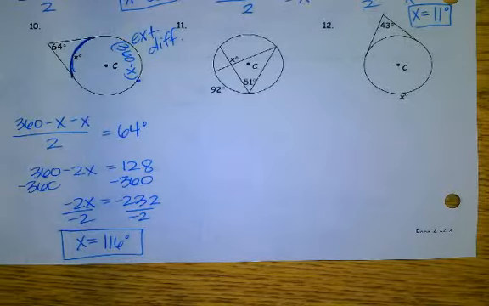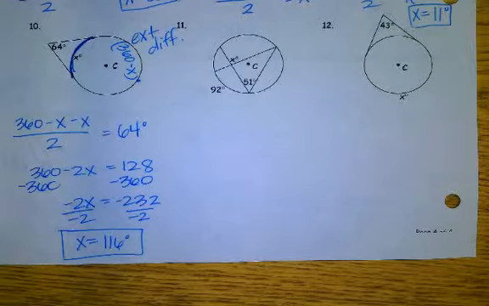Yes. Could you just multiply both sides by 2 and solve out on that side first? How? Like divide 360 by 2 and then just say minus x. I would not. No, because it's not always going to work out like that.